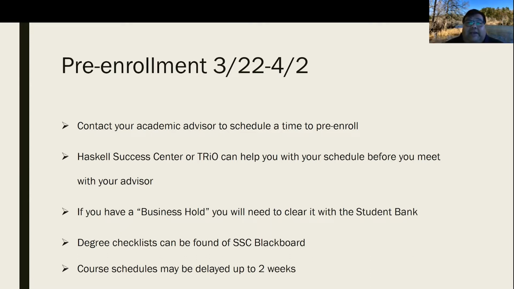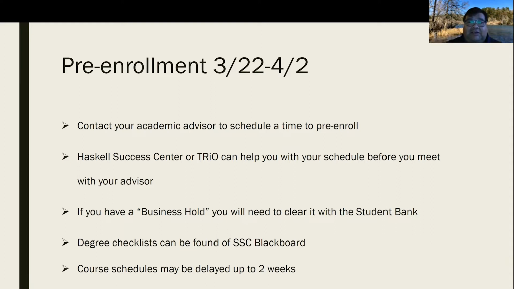Now, some of you may have already done this process and you already know what you're doing, but it's good to keep a copy so that you know where you're at. Your advisor should have a copy of your degree checklist, but it's good for you to have one too, so that every semester you can look at it and say, okay, this is where I'm at. This is what I need.